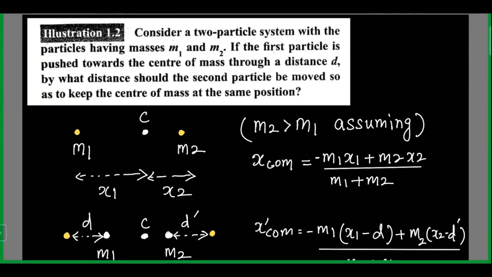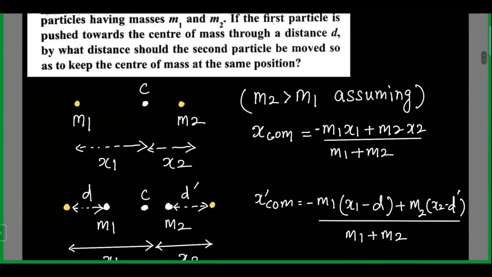So when you have a center of mass C, let's assume it is at distance x1 from m1 and at distance x2 from m2. Let's assume the center of mass is the origin, and m1 is at distance x1 away and m2 is at distance x2 away. What will be the center of mass then?